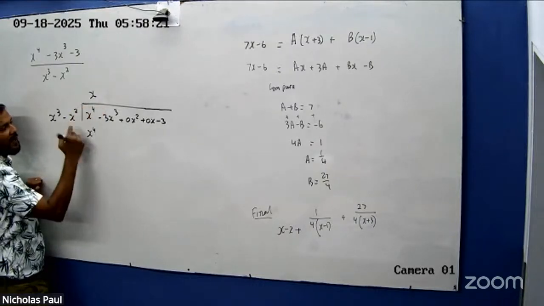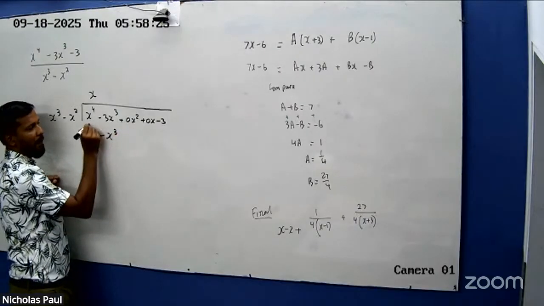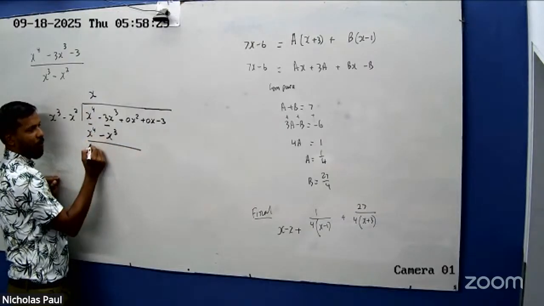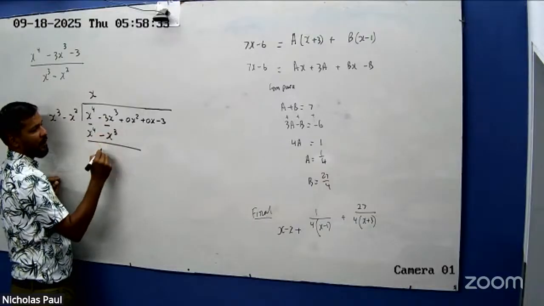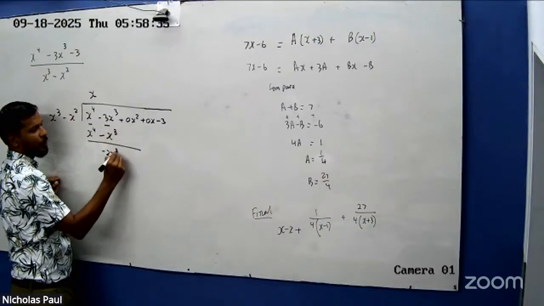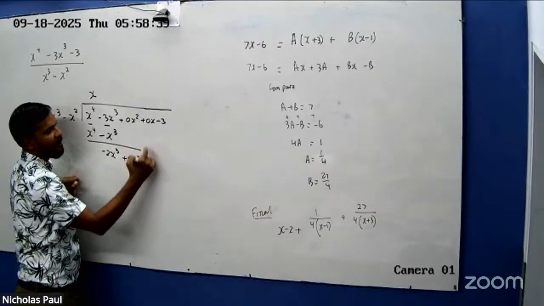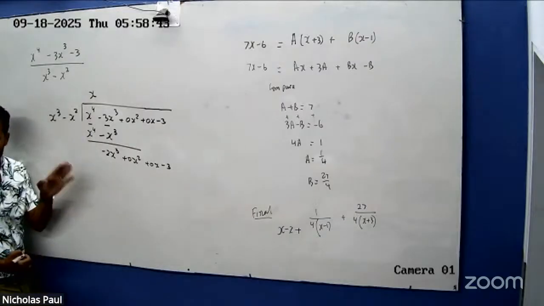X by minus x squared is minus x cubed. Minus, minus. This becomes 0. This becomes minus 3 plus 1, that'll be minus 2x cubed. And then you bring down the 0x squared, the 0x and the minus 3. Bring down everything one time.